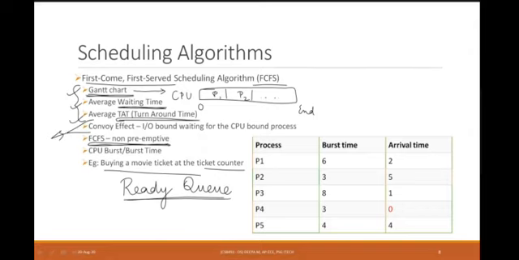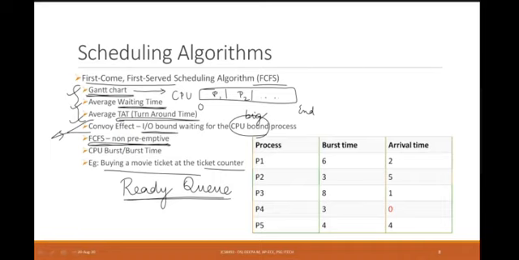Okay, I have this one point left out. What is convoy effect? We shall assume that we have a lot of IO bound processes and one big CPU bound process. So now what happens? This CPU bound process is going to occupy your CPU.